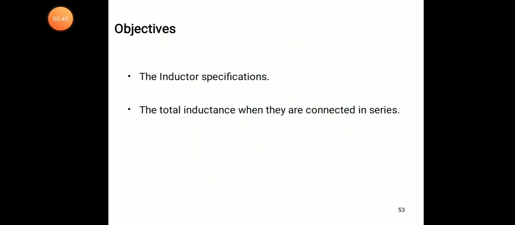In the last class we discussed the inductor specifications, and now we will do a revision of the specifications, and then discuss the total inductance when inductors are connected in series.